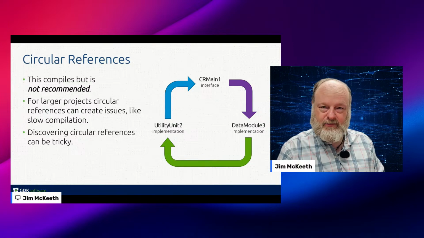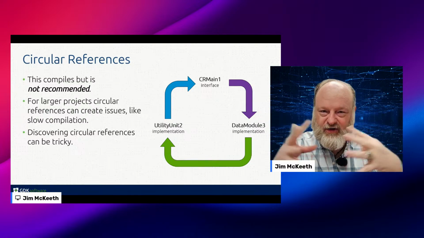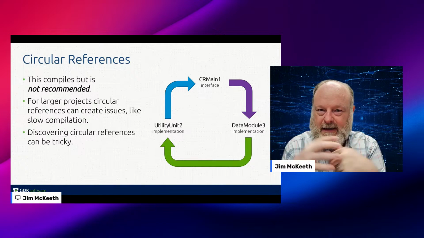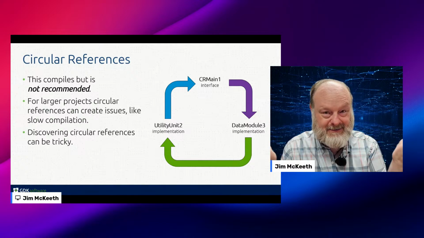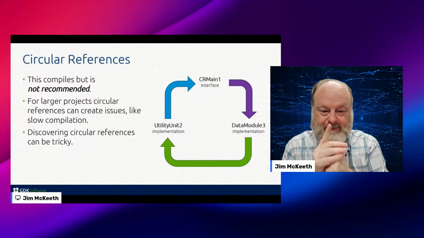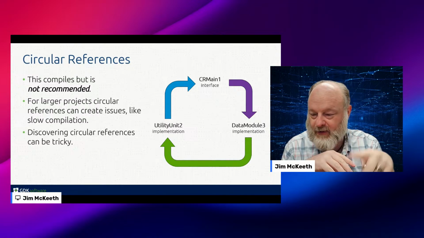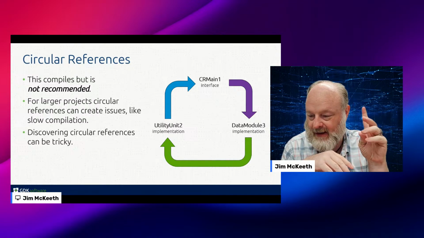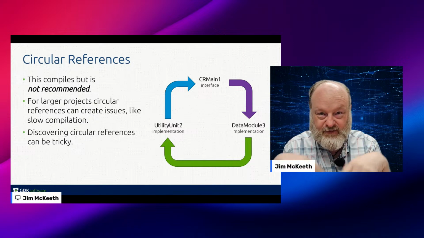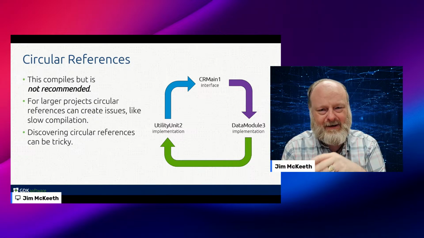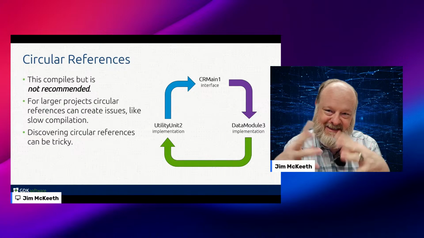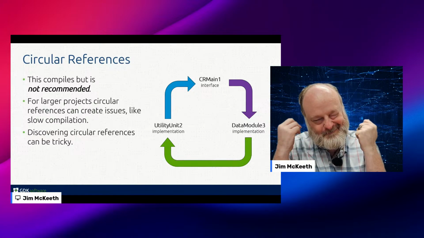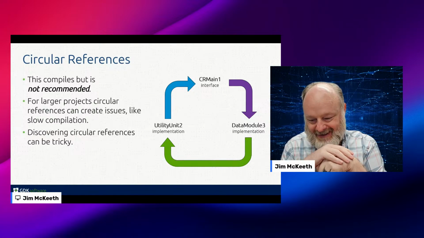Legacy applications have all these really tightly coupled circular references in there, and it causes them problems. So not recommended. The way I have this set up is that if you have your application and the units are all in the interface, then the compiler will say, whoa, you can't do that. But if you move to the implementation, the compiler lets you do it. Lets you do it, probably shouldn't.